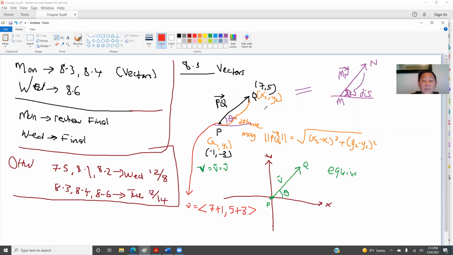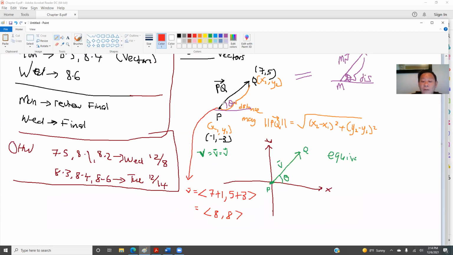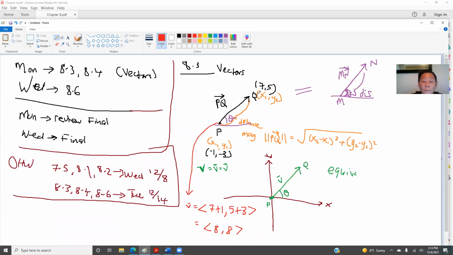Actually it's minus, because your x1 and y1 are negative, so the negatives become positive. So this is going to be 8, 8. This is how you figure out your vector PQ: you take x2 minus x1 and y2 minus y1.